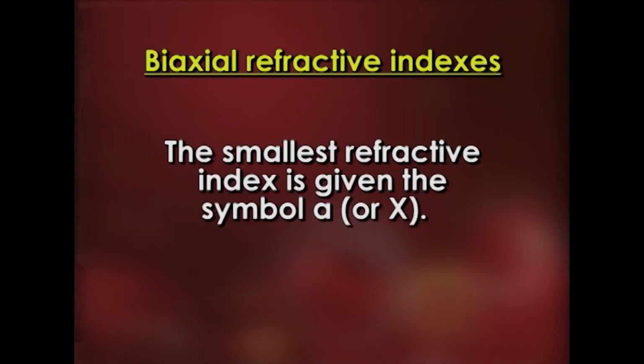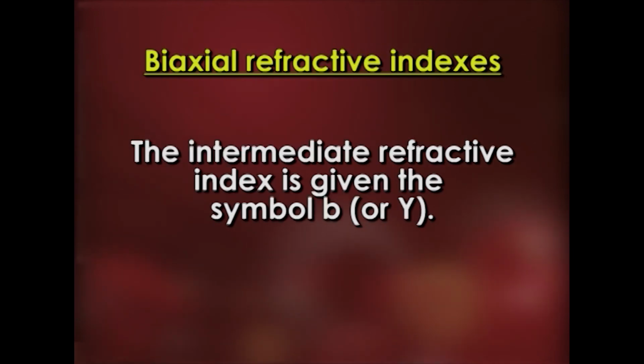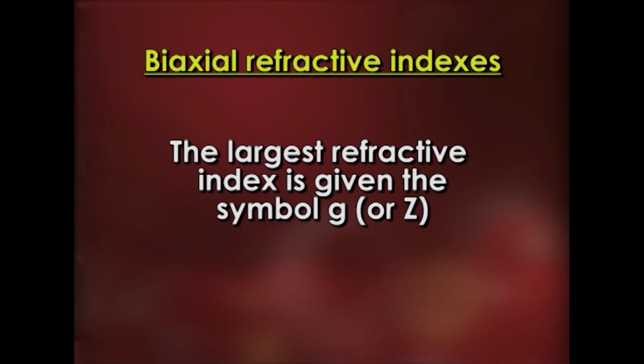Biaxial refractive indices are as follows. The smallest refractive index is given the symbol of A or X. The intermediate refractive index is given the symbol of B or Y. The largest refractive index is given the symbol of G or Z.